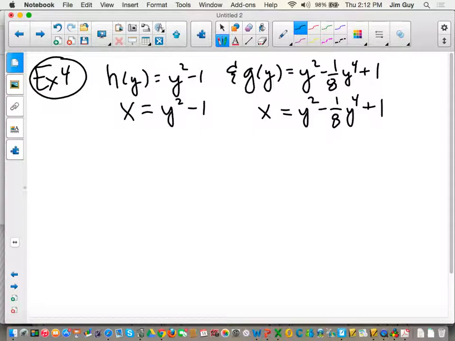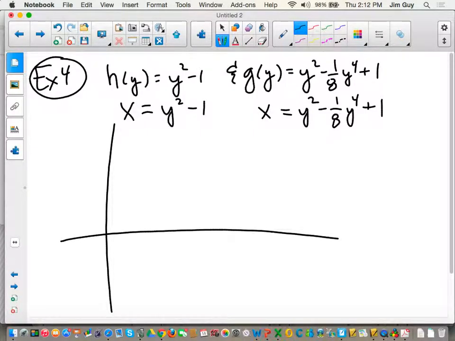If you had to do it by hand, you would probably have to start plugging points in and seeing what happens. And if you did it on your calculator, we'll talk about how you might approach that. This is a parabola with an x-intercept of -1, so this is a sideways parabola like that.